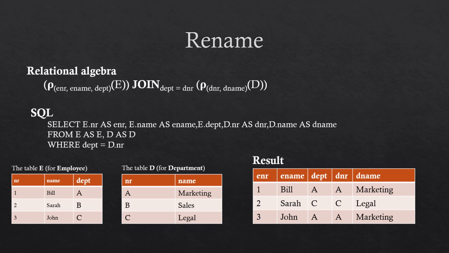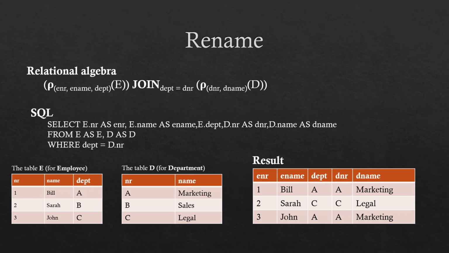Those columns are under our E table, which is the employee. Then we're going to join the department table with it. So the dept column on employee should be equal to the NR values of the department table.